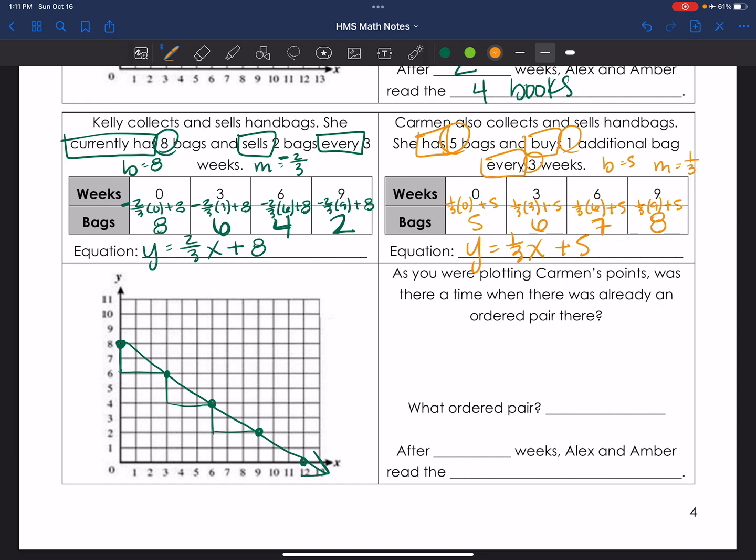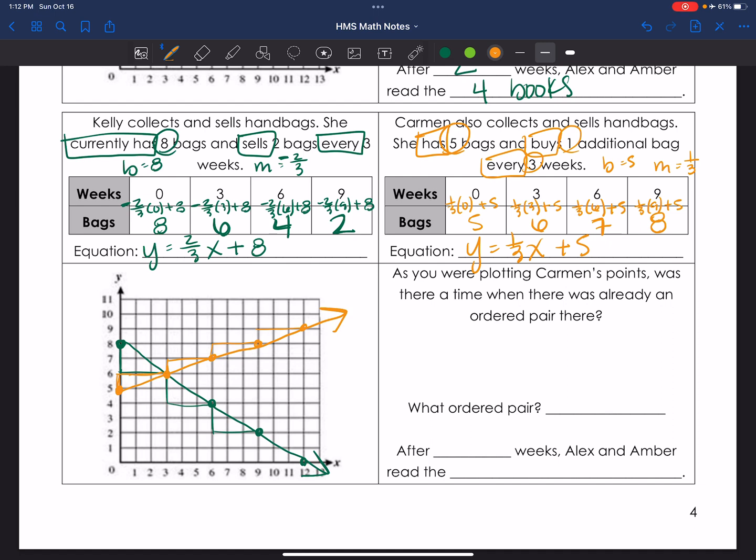So now I'm going to graph it. When x is 0, y is 5. When x is 3, y is 6. So guys, this time I am rising 1, running 3, because my slope is 1/3, right?